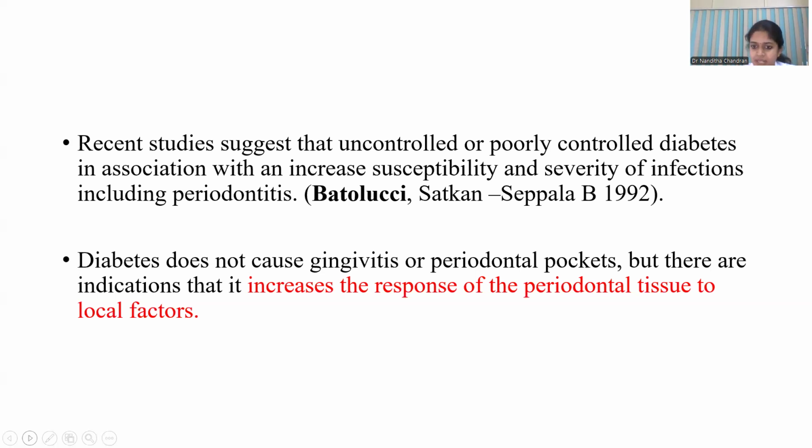Diabetes as such cannot cause gingivitis or periodontal pockets, but there are indications that the reason for all these is the tissue response. The periodontal tissue response to a local factor like plaque or calculus will be hyper. There is an increased response of the gingival and periodontal tissues to these local factors, because of which you have gingivitis, eventually leading to periodontal disease progression, periodontitis.